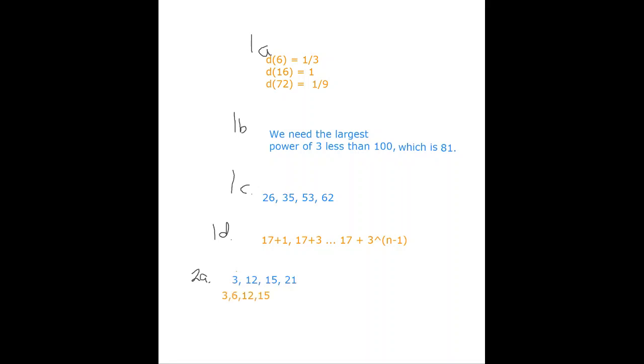Three, 12, 15, 20. Good. These examples are correct. Simply any house divisible by 3, not divisible by 9, suffices. Yes, very good.